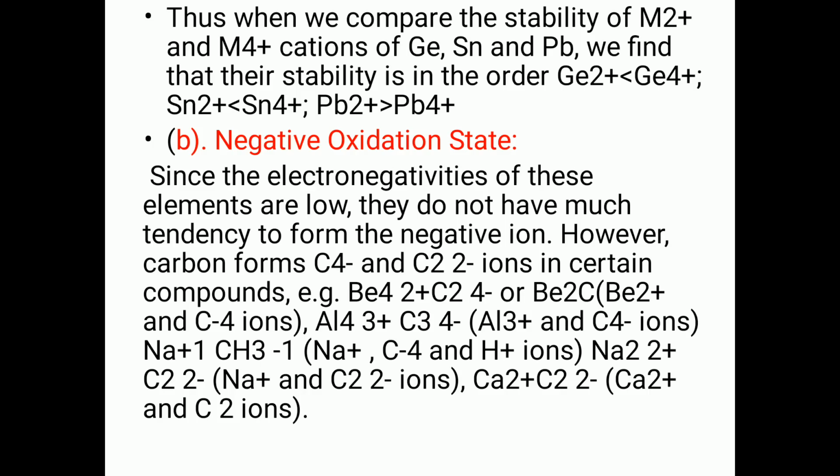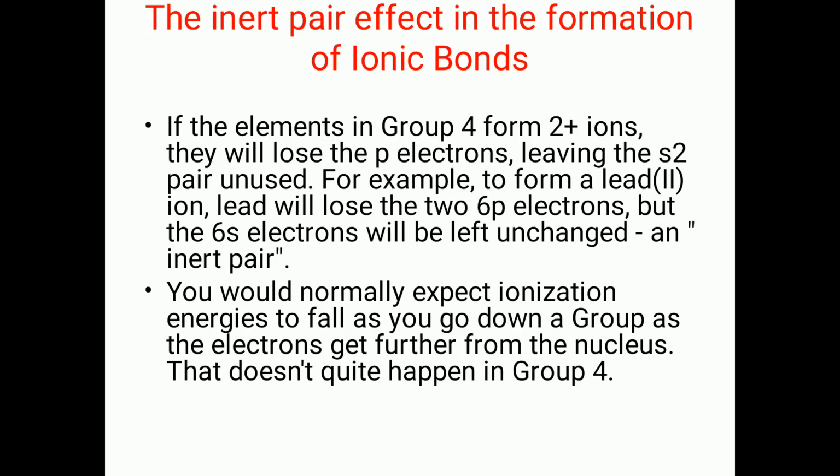However, carbon forms C4 minus and C2 2 minus ions in certain compounds, for example Be2 C, that is Be 2 plus with C 4 minus, and aluminium carbide, Al4 C3, that is Al 3 plus with C 4 minus, and Al plus 1 CH3 minus 1. Here these elements have negative charges.